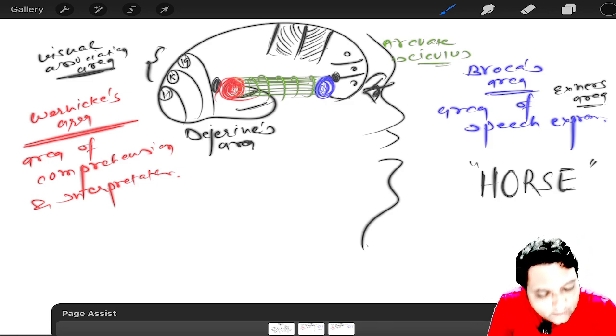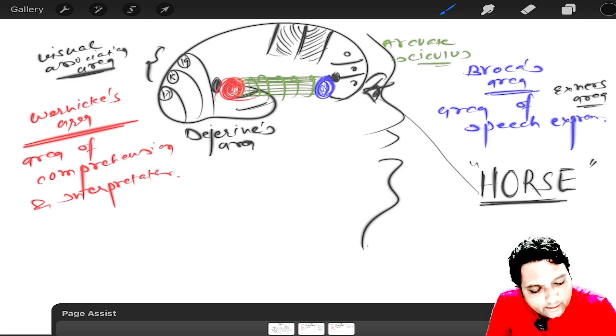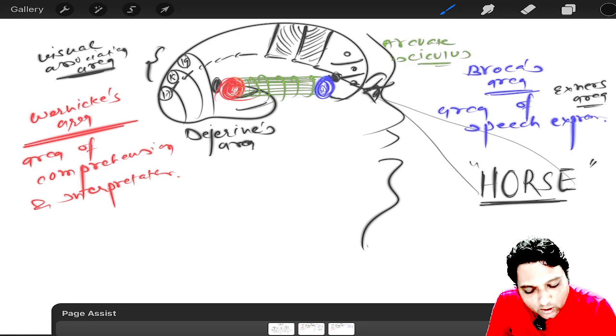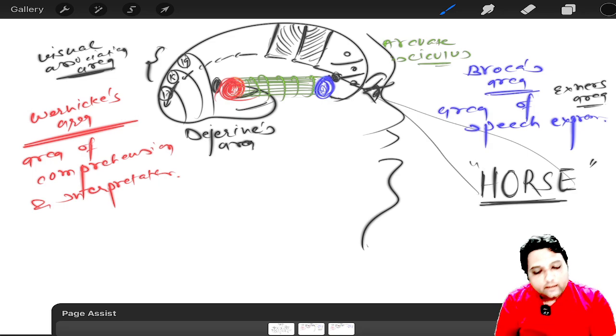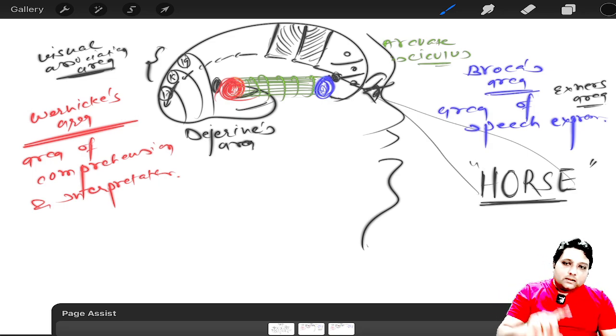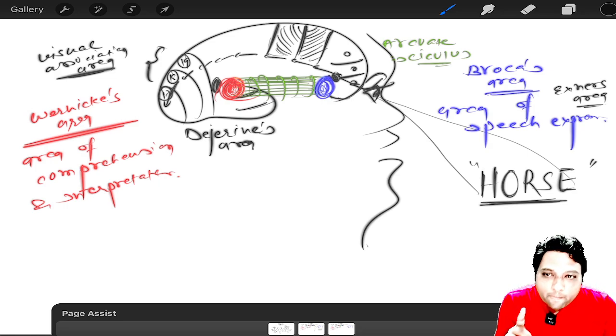This visual information, the word horse, is carried through visual impulses, through the visual pathway, to the primary visual cortex, area number 17. This visual information is received in the primary visual cortex, area number 17.